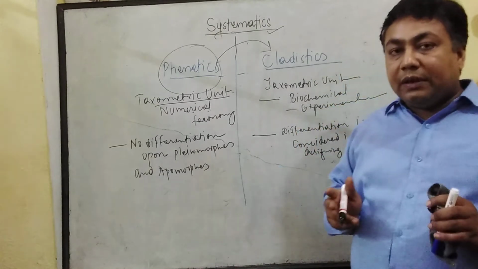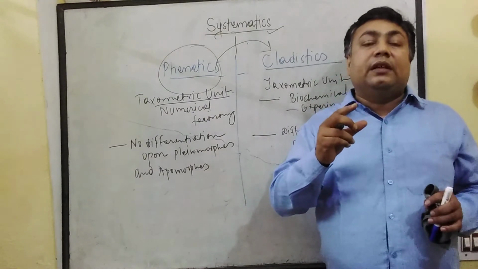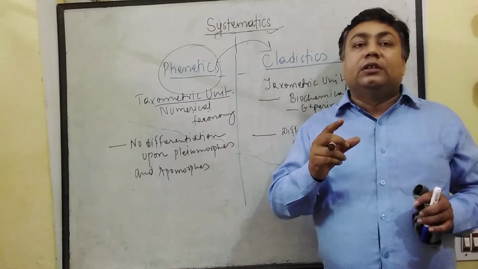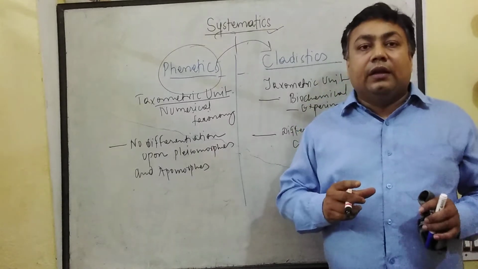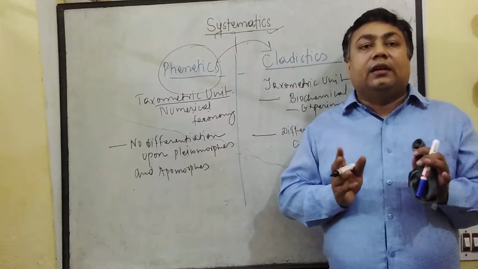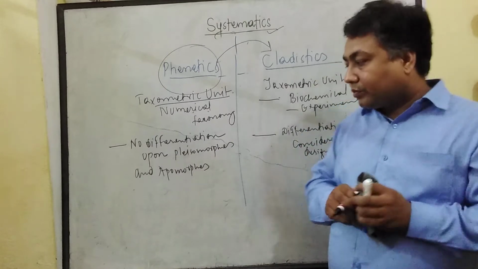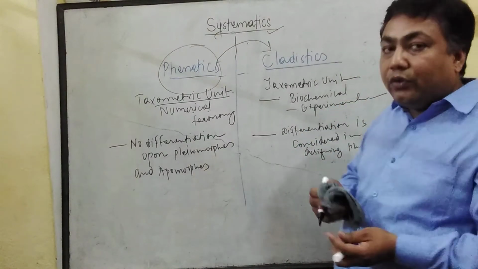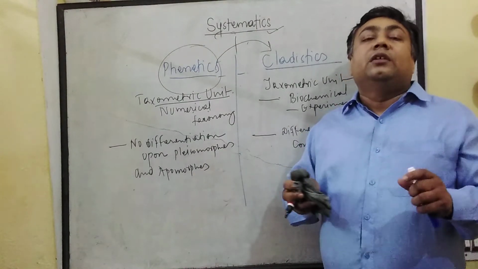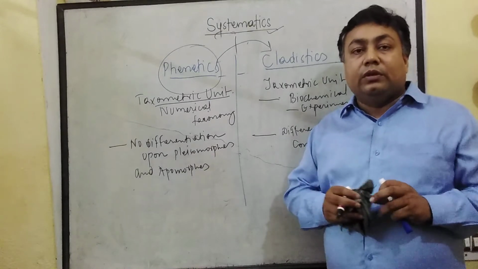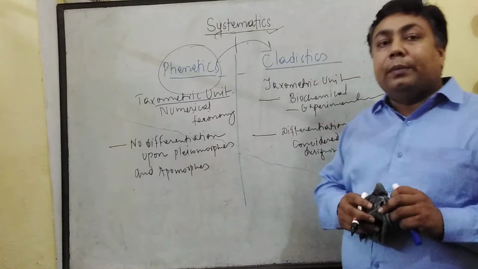The branching pattern, the differences and the length of the branch are remarkable in designing the cladogram. A cladogram shows whether two groups or two individuals are monophyletic or paraphyletic.